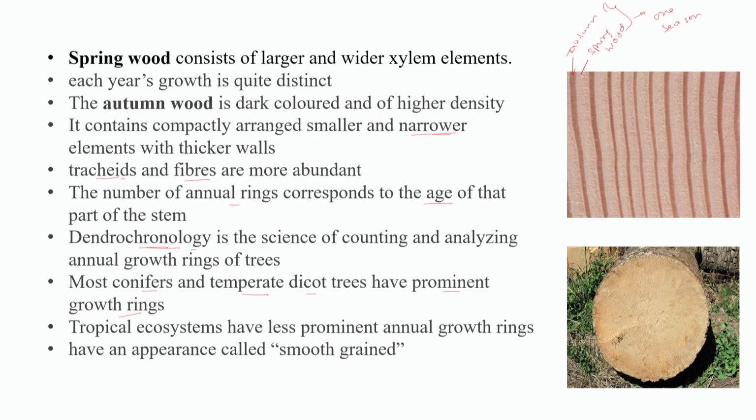If the climate is uniform throughout the season, the cambium activity will also be uniform. So in some tropical systems, you will not find growth rings. This is a tree which is not showing any growth ring, because it has grown in conditions where the climate is almost uniform. In that case, you will have a smooth, grained appearance.